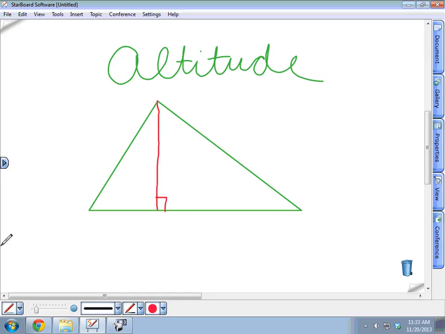Okay? So if it makes a right angle, that's an altitude. And just like there's three medians in a triangle, there are three altitudes as well.